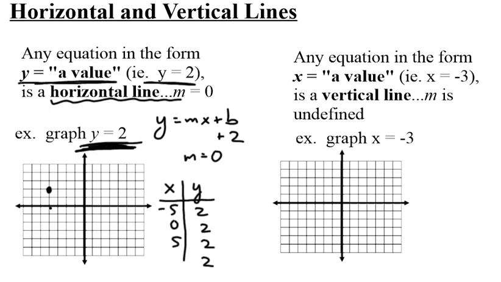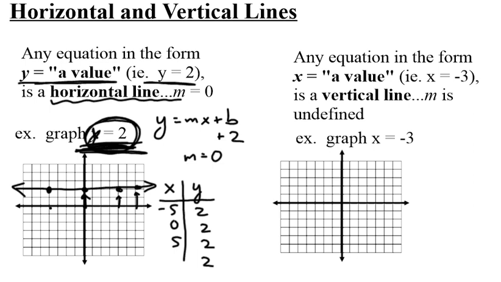At 0, y is 2. At 5, y is 2. So y equals 2 is a horizontal line. Another way to think about it, y equals 2 says everything should be up 2 on the y. Everything should be up 2, which is a horizontal line.